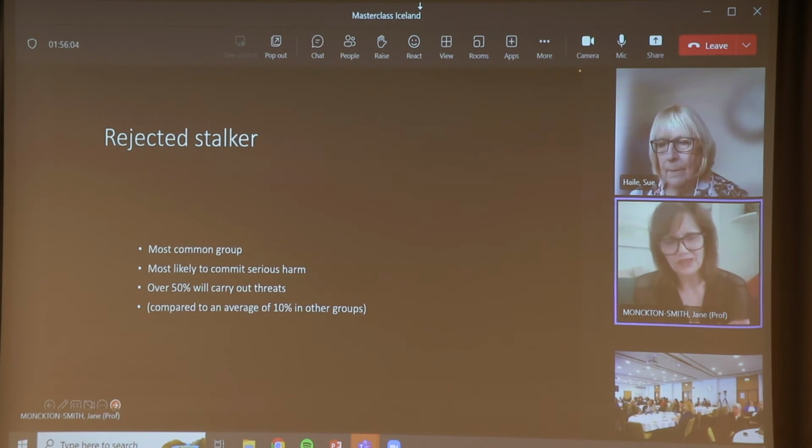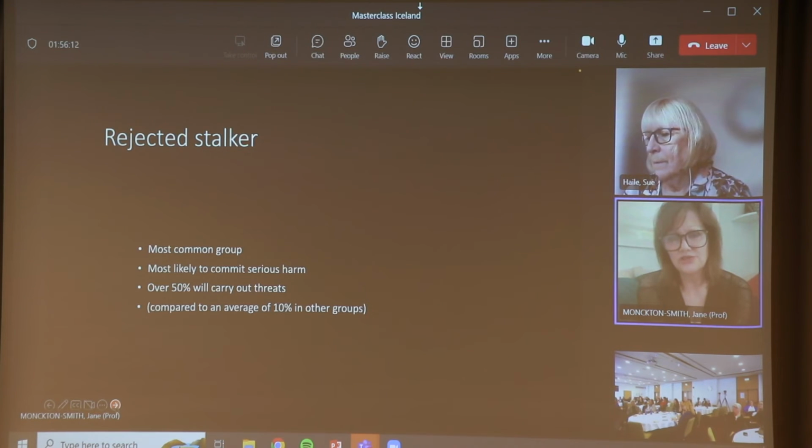A kind of mini escalation that we saw with stalkers as well is that their motivation can change or can layer over with multiple motivations. So they might start with, I'm stalking this person to exert control in an attempt to reinstate the relationship.